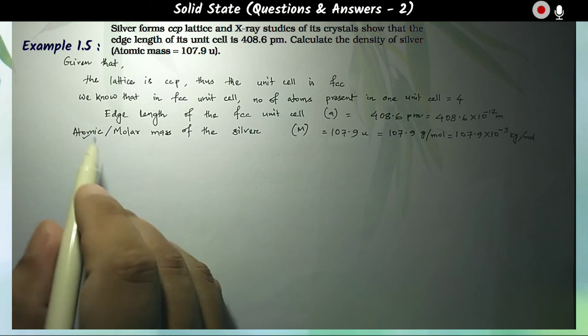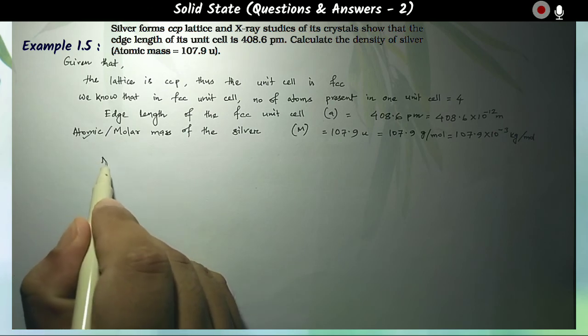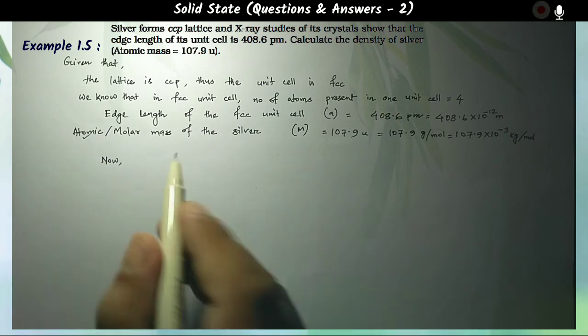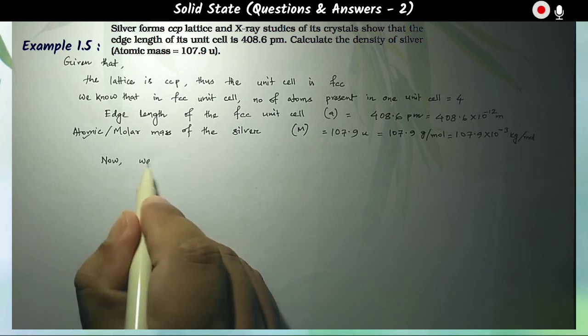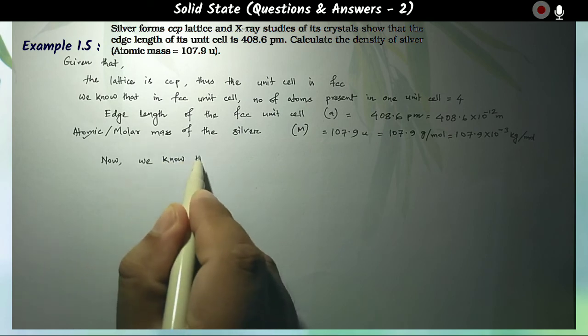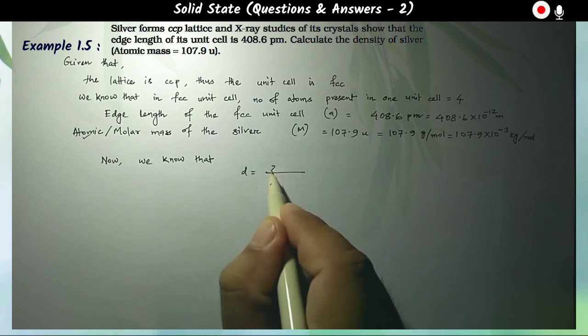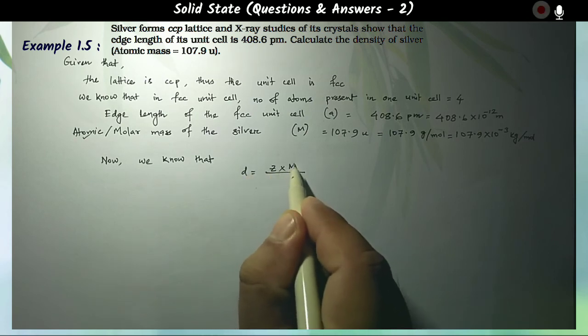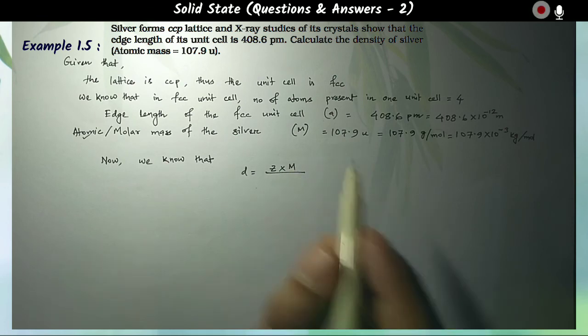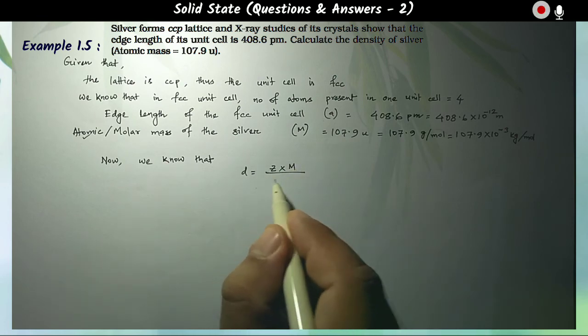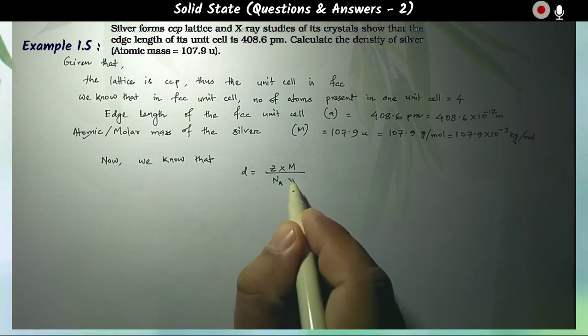Now we can use the formula. Density is equal to Z into atomic mass or molar mass M, divided by N A, which is the Avogadro number, into A cube.